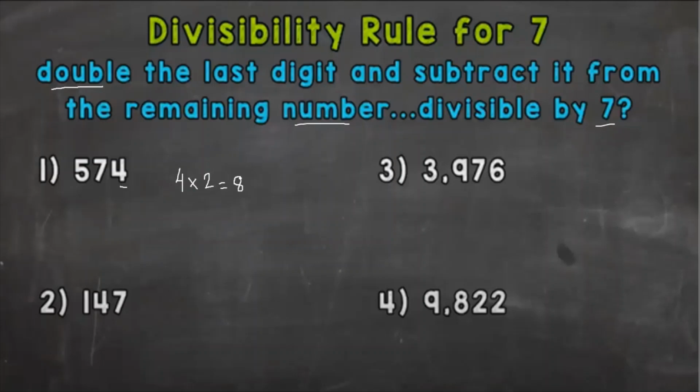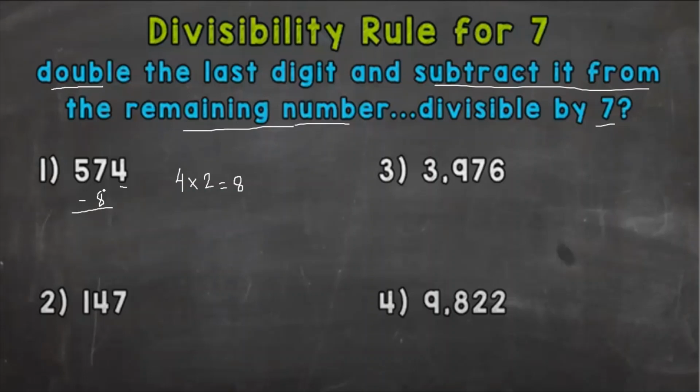Now, we already doubled the last digit. The next step is to subtract it from the remaining number. What is our remaining number? It is 57. So we will subtract 8 from 57.